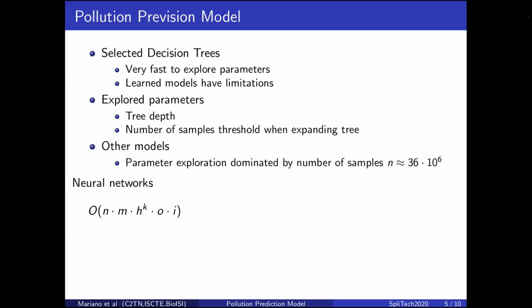For instance, the backpropagation algorithm used to train neural networks varies linearly with the number of samples, but also with other parameters that describe the network architecture, such as the number of layers, K, and the number of neurons represented by the parameters M, H, and O. K-nearest neighbors is another method that has good results in terms of prediction, but also depends linearly on the number of samples. Gaussian process is also another method with good results, but in this case it has cubic time and space constraints.